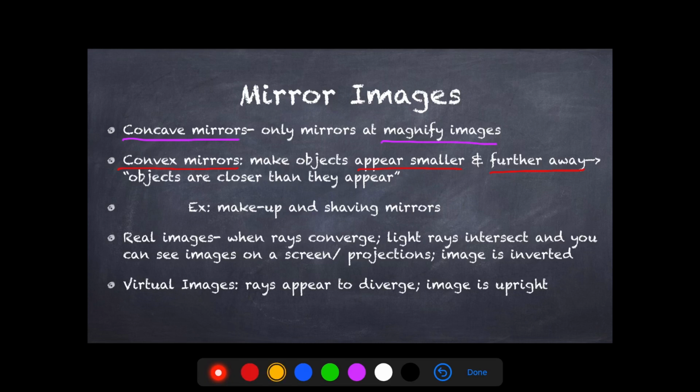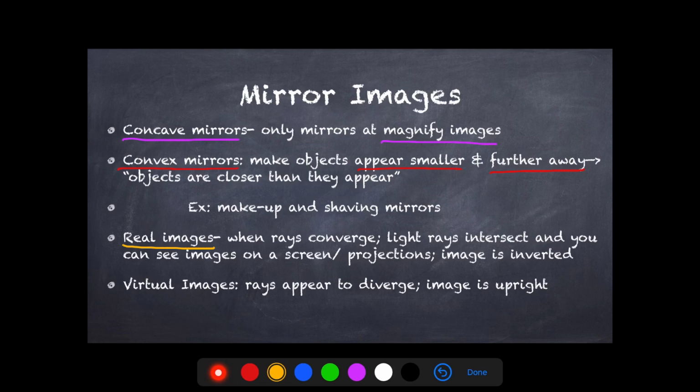When we talk about real images, this is when the rays are converging, so they come together. The light rays actually intersect, and you can see an image on a screen or a projection, and that image is inverted. A lot of times, if you look at movie theaters and look all the way back at the projection, it looks like the movie is upside down, but they flip it when you see it on the big screen.